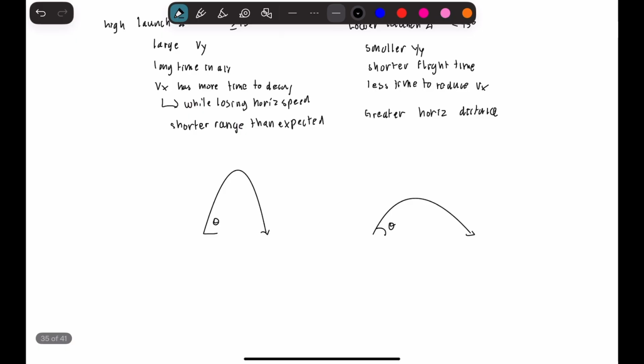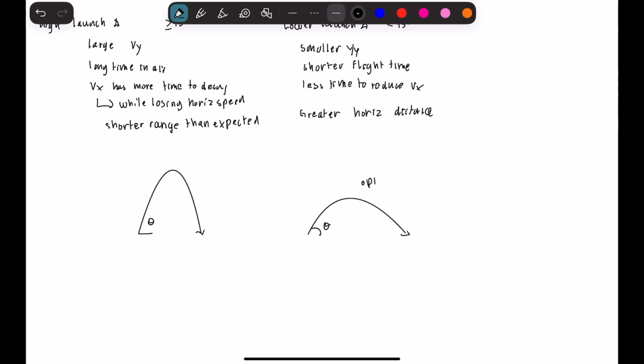So the reason why the optimal angle must be less than 45 degrees is because we want to preserve the horizontal velocity as much as possible, and we want to minimize the time spent losing speed to drag.